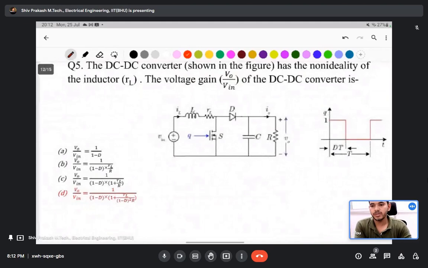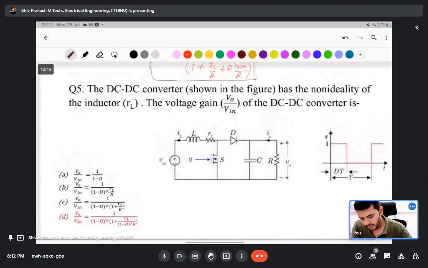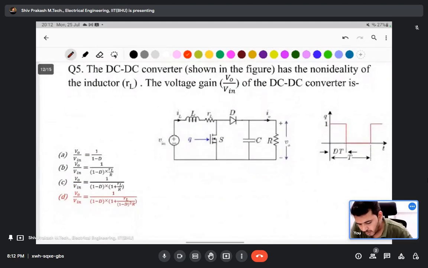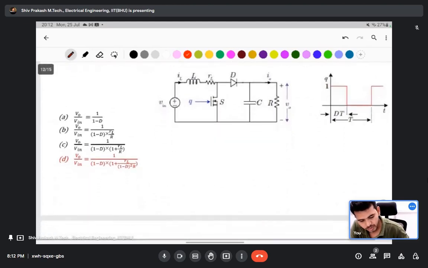So, question number 5th. This converter shown in the figure has the non-ideality of the inductor RL. Find the voltage gain V naught in this converter.